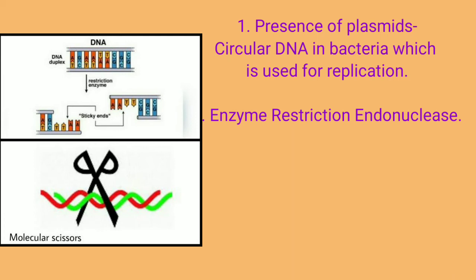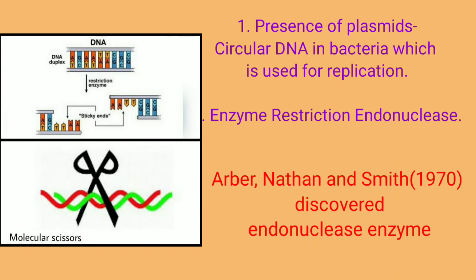In a study by Arber, Nathans and Smith in the year 1970, they used the enzyme in genetic research. They were awarded the Nobel Prize in 1978 for this great discovery, which can break DNA at specific sites. So this was the next important discovery in genetic engineering.